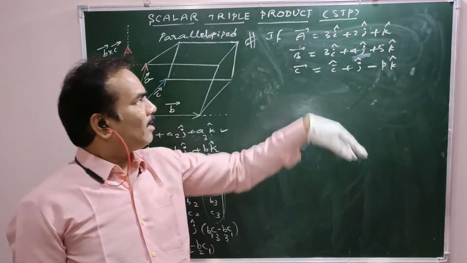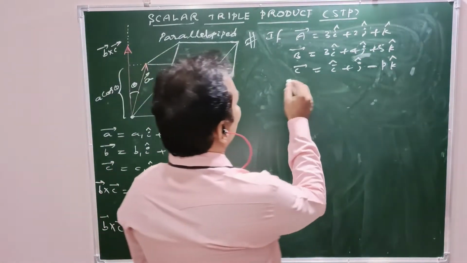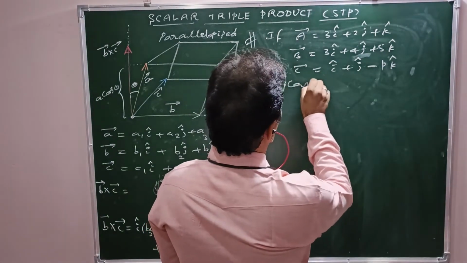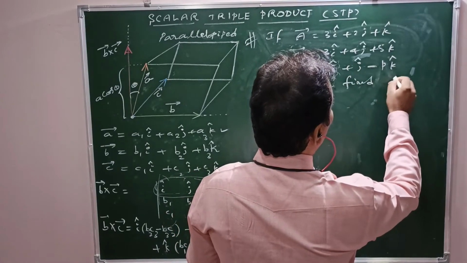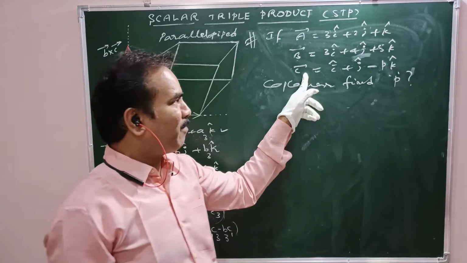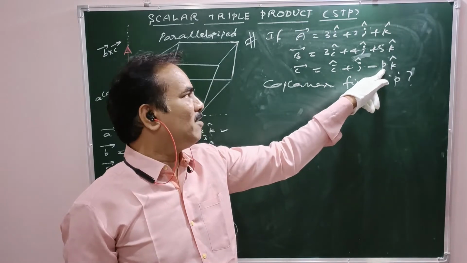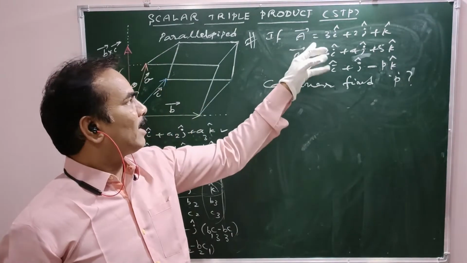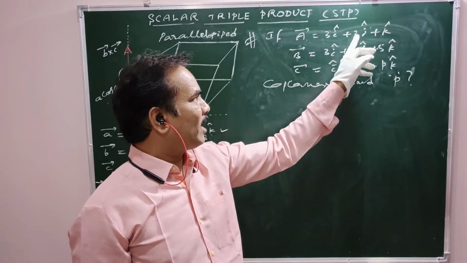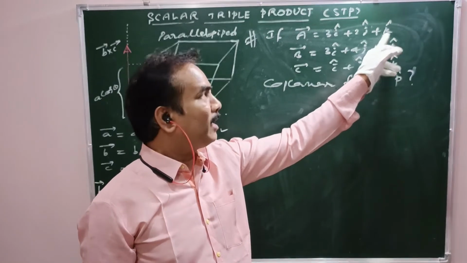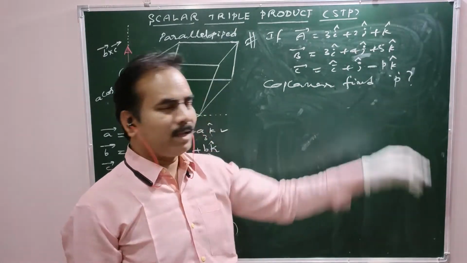If all the three vectors are coplanar, find the value of P. See, in the third vector C bar, the Z component is not given. That is P, unknown. We need to find the P value in C bar. For the remaining A bar and B bar, we have all three components. Here X component 3, Y component 2, Z component 1. Here 3, 4, 5. Here 1, 1, minus P.